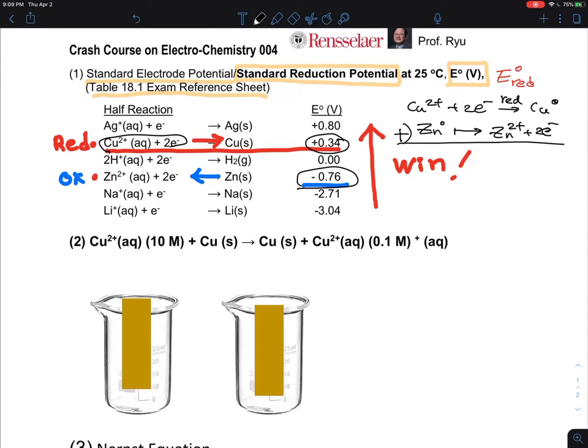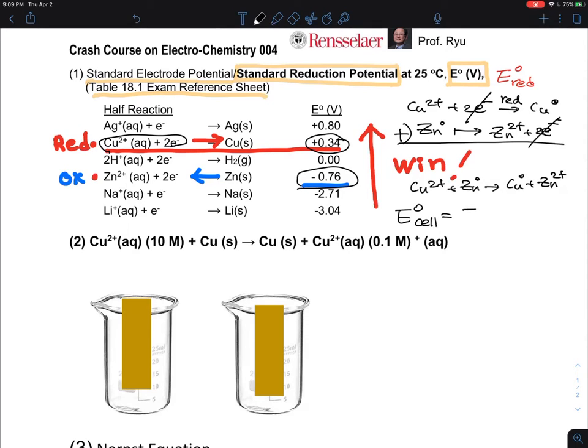If I tally up, the electrons cancel, and you will see the net reaction is Cu2+ plus zinc metal changing into copper metal and Zn2+. And what's my standard cell potential?